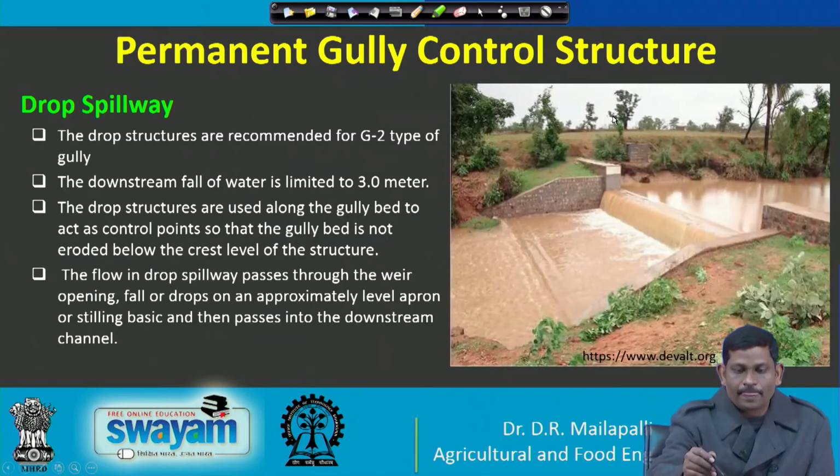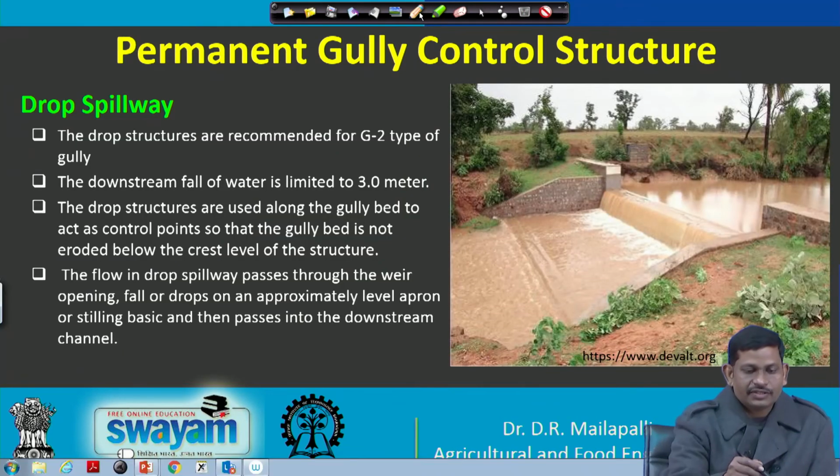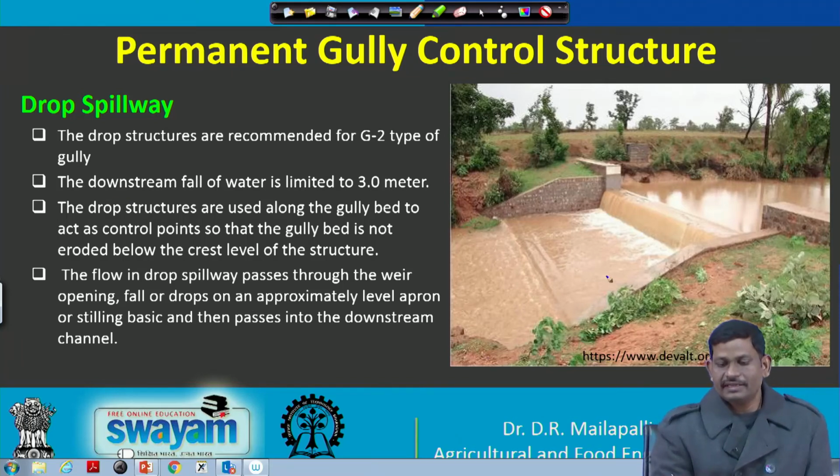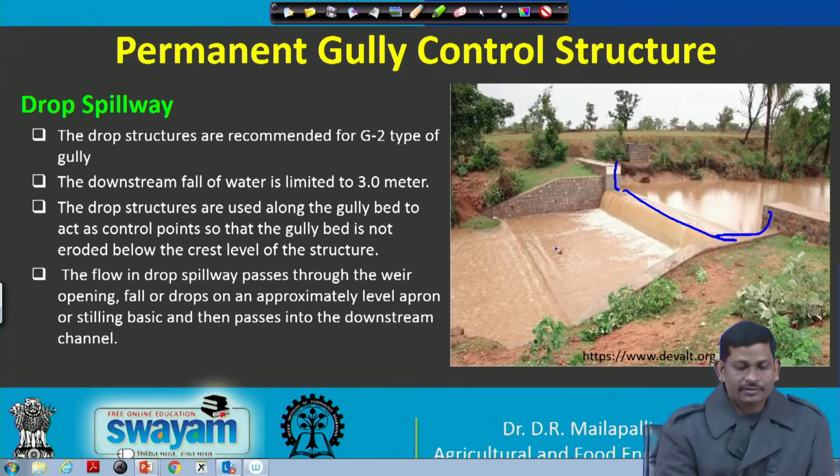So, the first one is drop spillway structures. The drop spillway structure basically contains a rectangular weir kind of masonry structure. So, it is going to have the apron, wings, side walls.